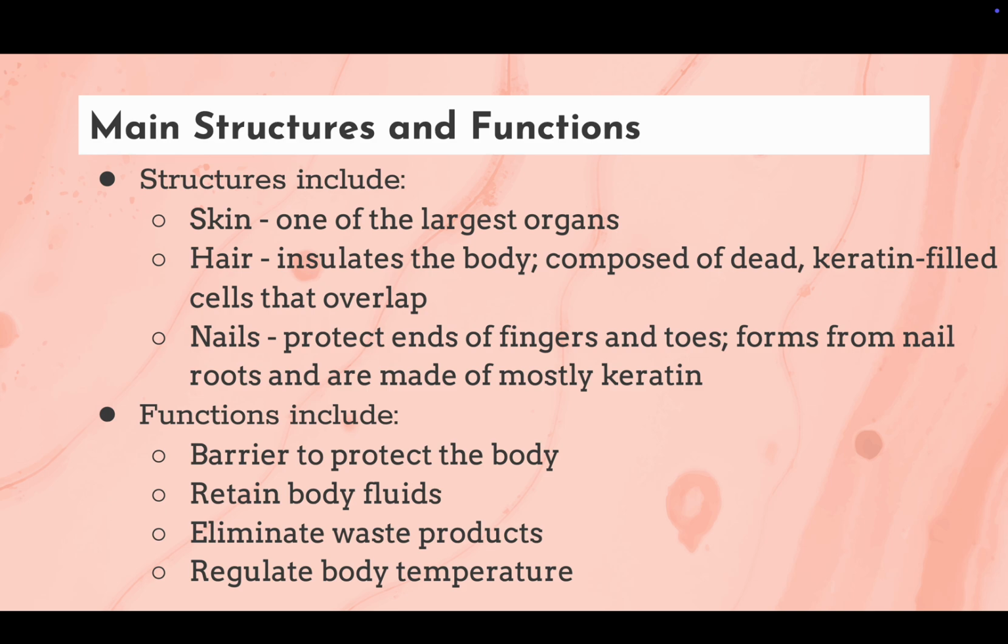We've talked about melanin, we've talked about albinism, and that is a chemical that absorbs ultraviolet radiation to try and protect your DNA and your cells below your skin. It helps retain all of your body fluids, so that keeps, I think most of us know that we're mostly water, and the skin acts as kind of an insulation for that.